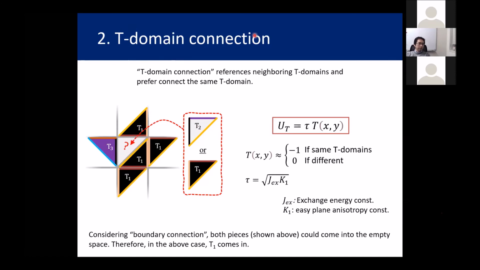But when we consider the T-domain connection, this T1 can be in when we consider the minimum energy. So this is a T-domain connection, and similarly, we define the potential energy like this.